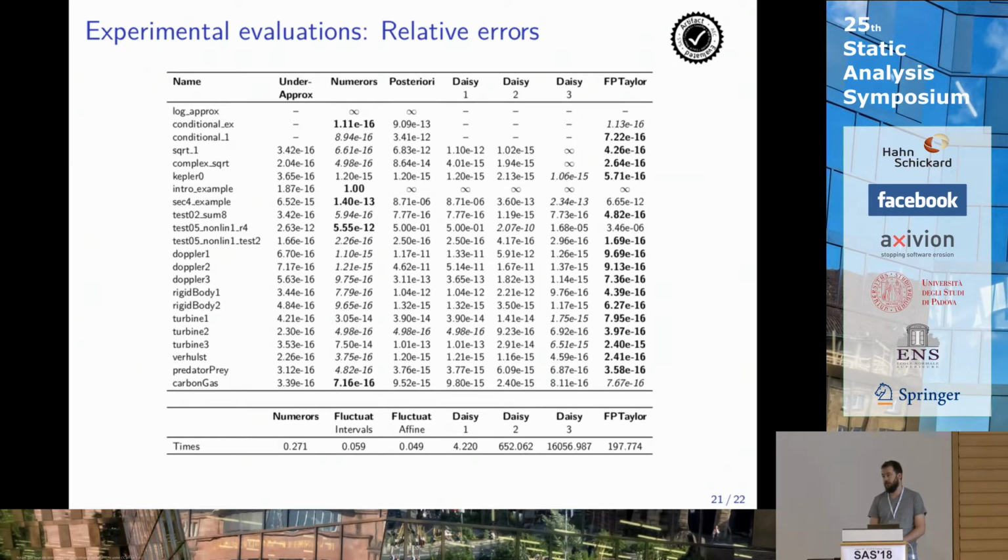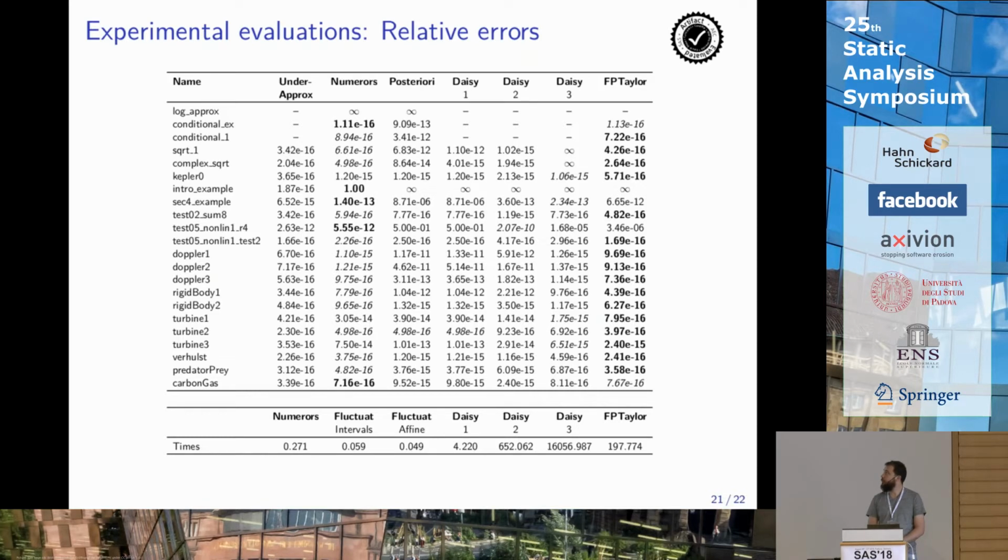in relative error estimation. And what we can see is that FPTaylor still gives the most precise estimation, but again, it's a costly tool. But we are really competitive. We are the second most precise in most of the benchmarks.